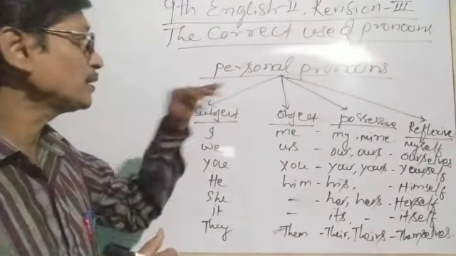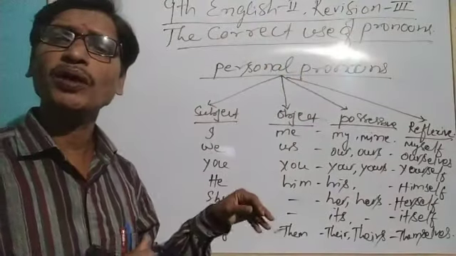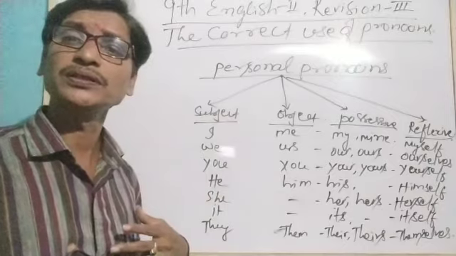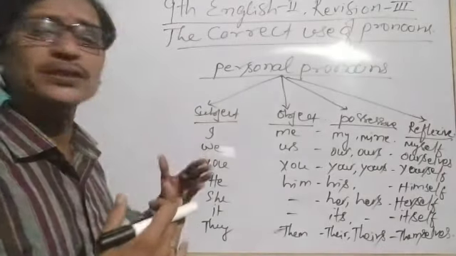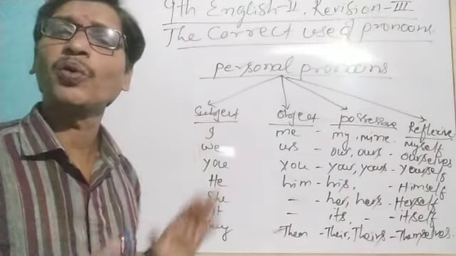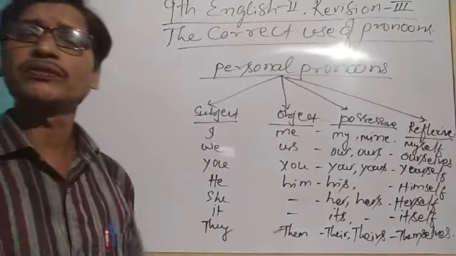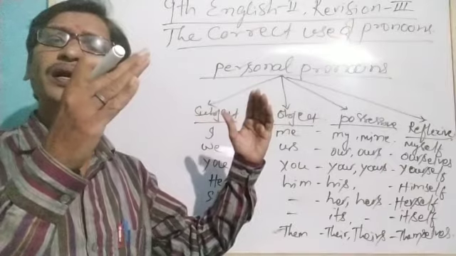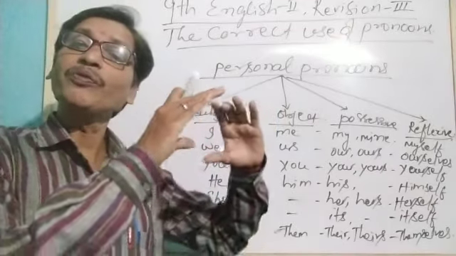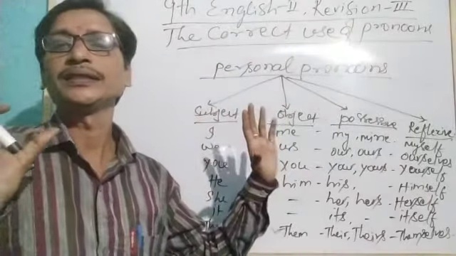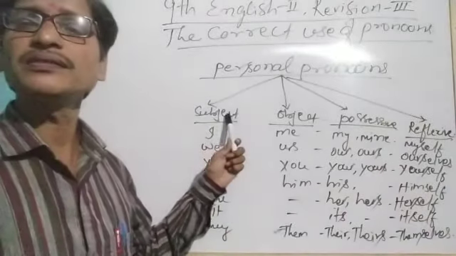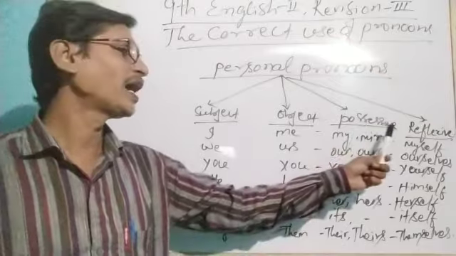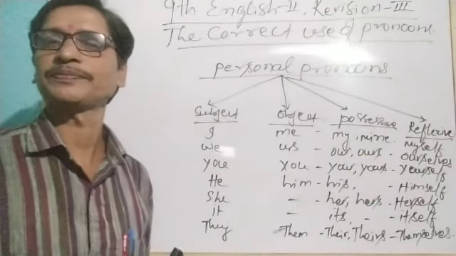When we talk about personal pronouns, they are completely associated with persons, and for persons we use certain pronouns. Personal pronouns are used in four different ways: as subjects, as objects, possessives and reflexives.